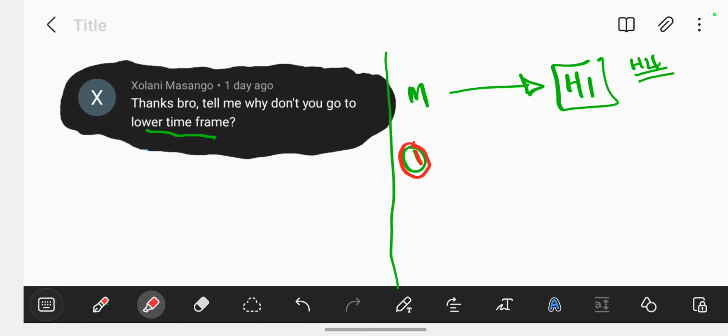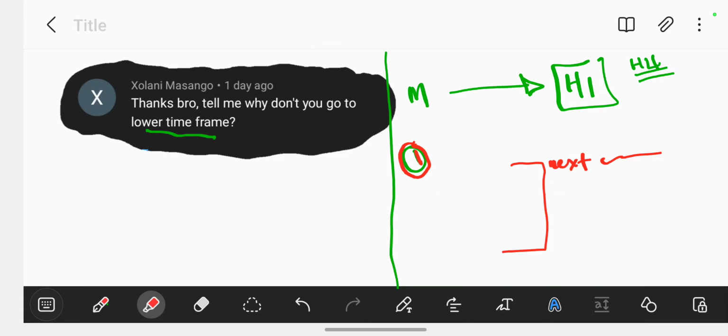Number two, the reason why I don't go that low is because, remember, when we are trading, according to how I teach you here, where we are entering and where we are going to exit, we are exiting at the next opposing structure. It can be the next support or resistance, or a trend line, right?